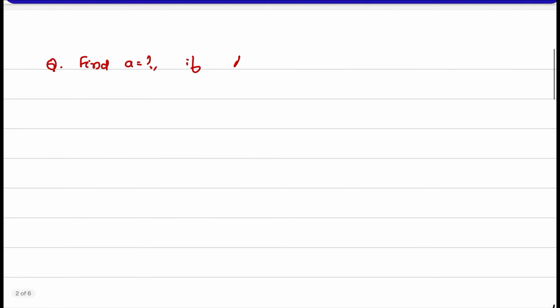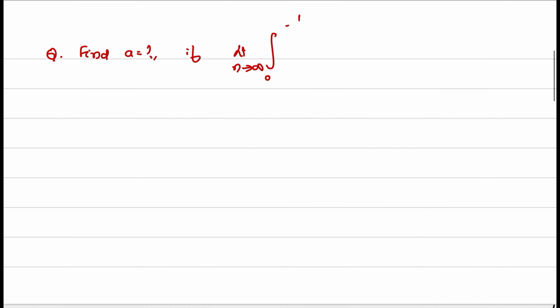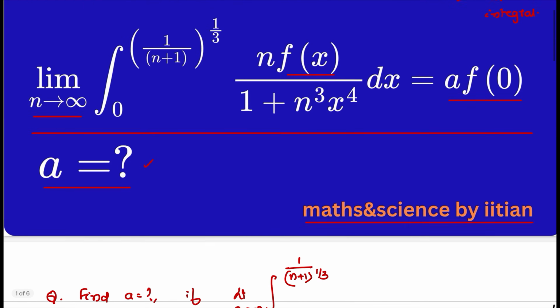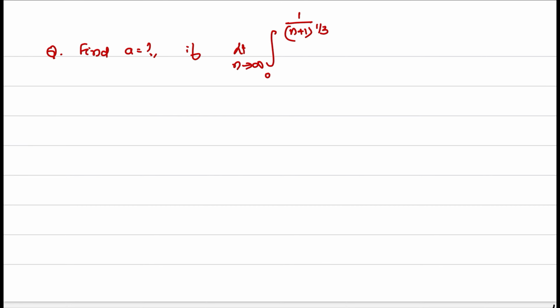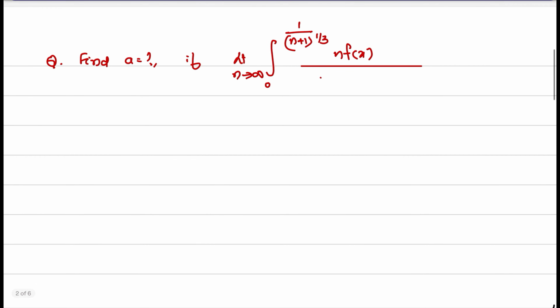What is the question? Find a is equal to how much if the limit n tends to infinity of the integral from 0 to (1 by n plus 1) to the power of 1 by 3n of n times the function f(x), which is unknown, whole divided by 1 plus n cube into x to the power of 4 dx is equal to a into f(0).